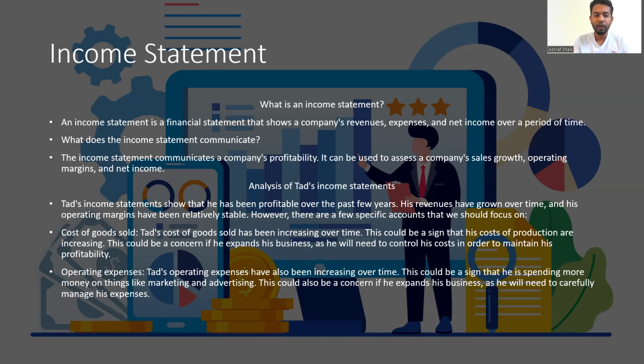Okay, the other point is operating expenses. TAD's operating expenses have been increasing over time. This could be a sign that he is spending more money on things like marketing and advertising. This is a concern because if the area of his business selling is increased, then he has to do more marketing and more advertisement, which will add to the expenses of the company.